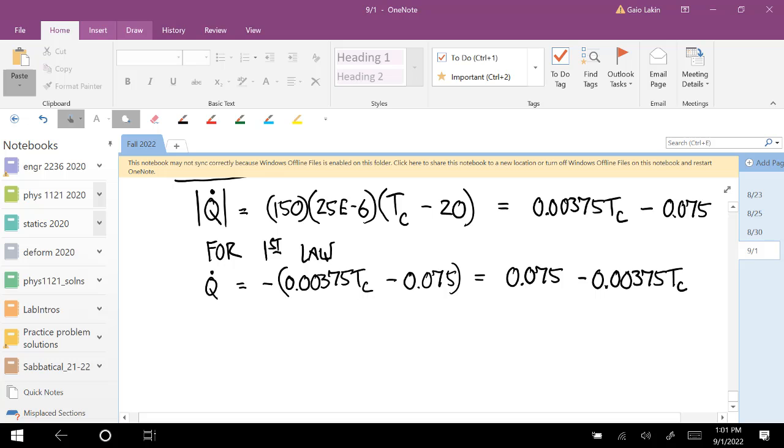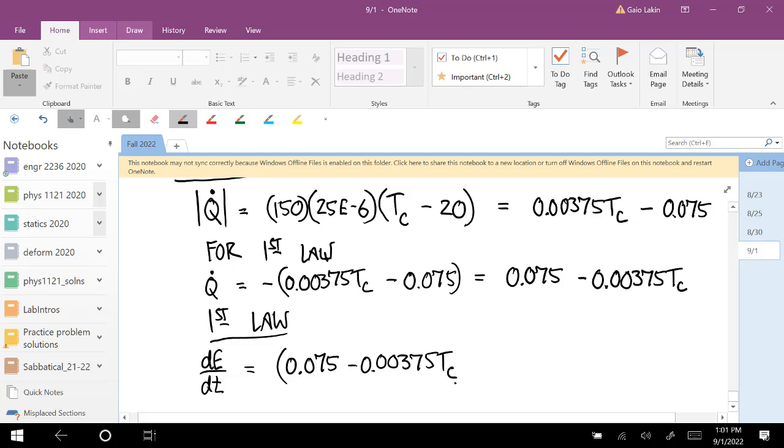Okay, so now we can go to the first law. dE/dt is equal to Q dot, what we just calculated, minus W dot.